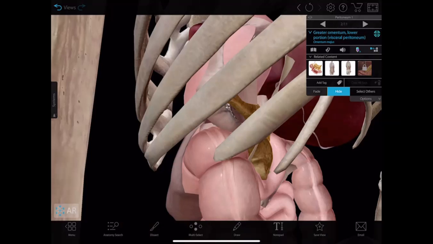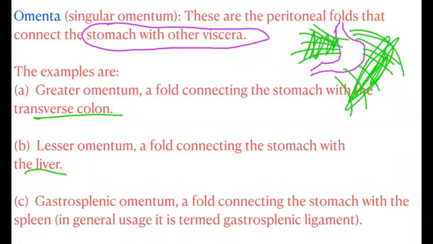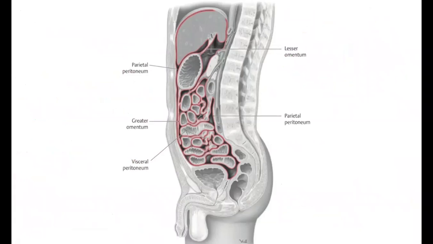So from the stomach to the liver, this is the liver, lesser omentum. This large part hanging down is the greater omentum, right? This is hanging down in front of the intestines, in front of the colon, small intestine, and large intestine with a free border. Okay, remember all these things. That's it. Greater omentum, lesser omentum.